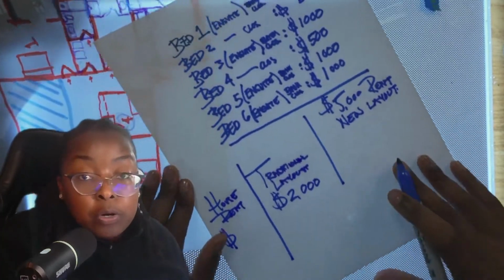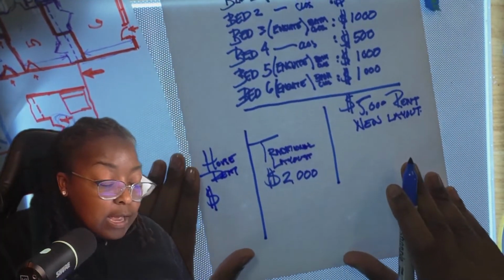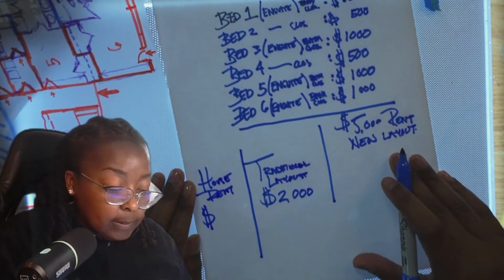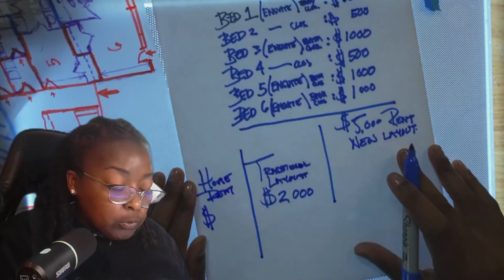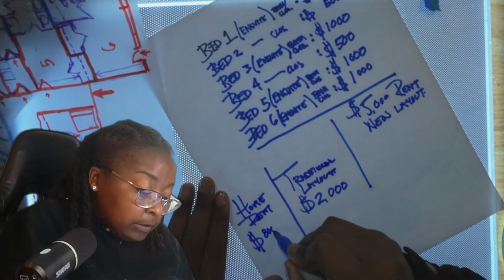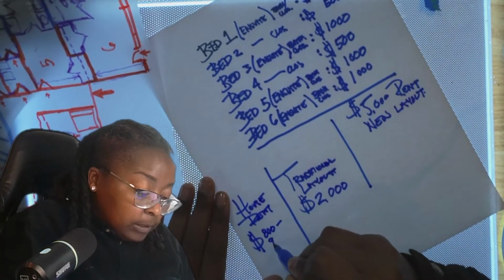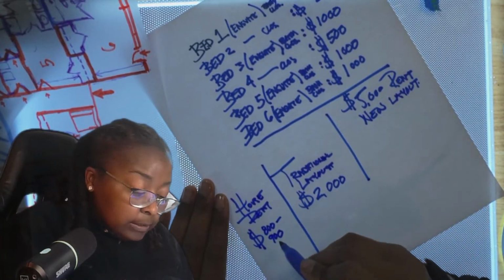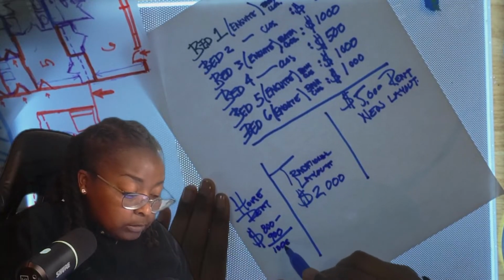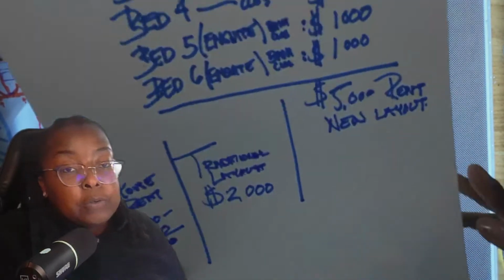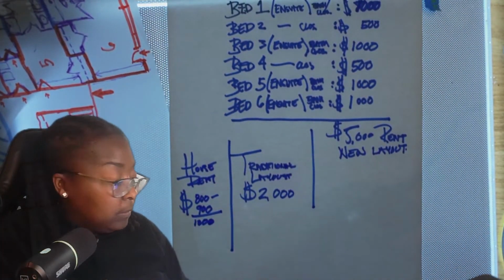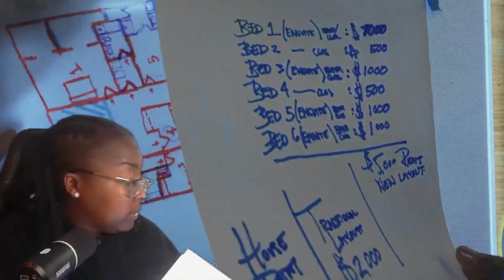It may rent, mortgage-wise, between 800 to 900, right? Honestly, for the sake of these numbers, it might just be $1,000 flat, right? So you can rent to one whole family for this layout.